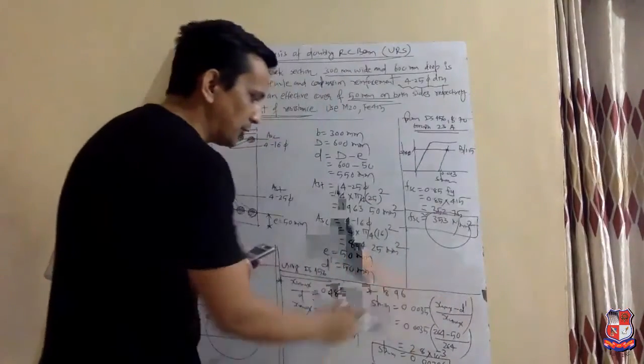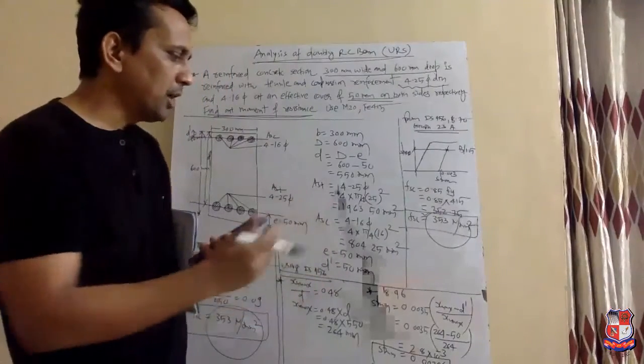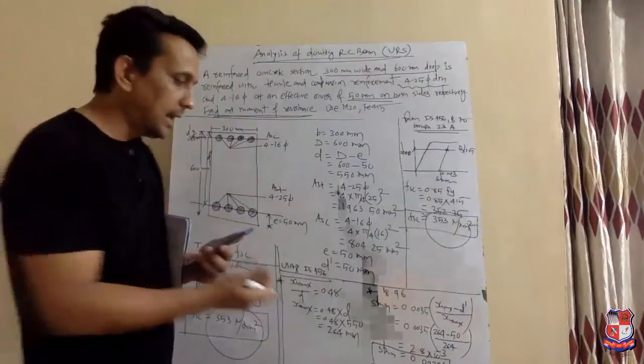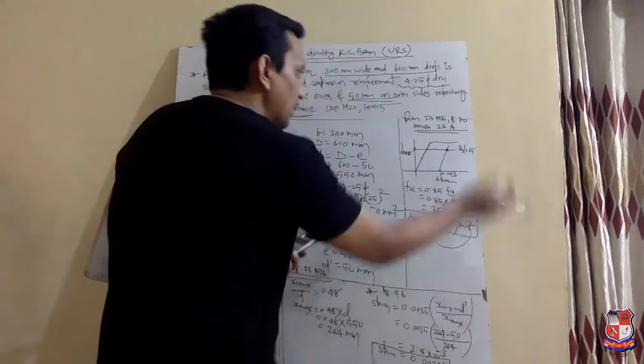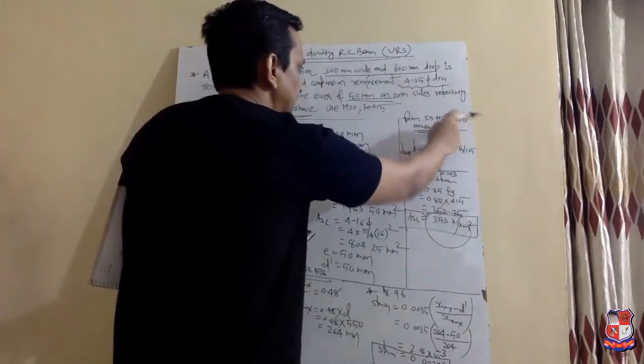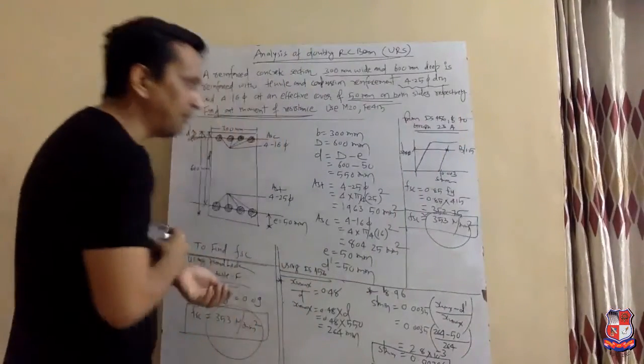Putting all the values, we get the value of strain equal to 0.0028. Now with respect to this strain value, from page number 70, graph 23a, you have to find the FSC.